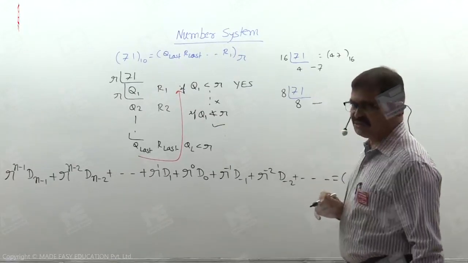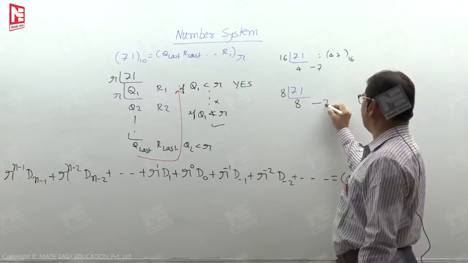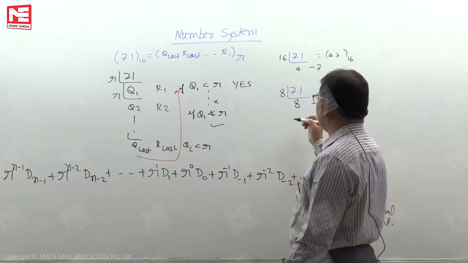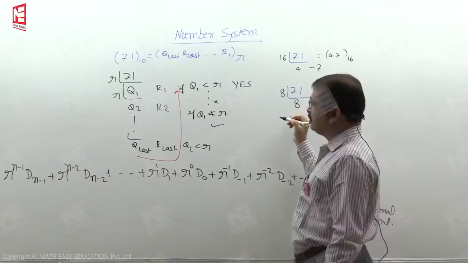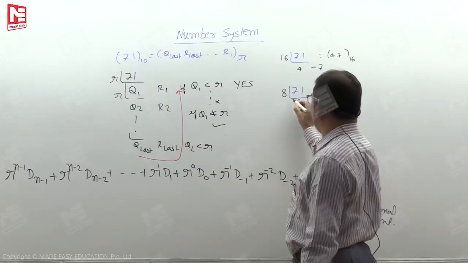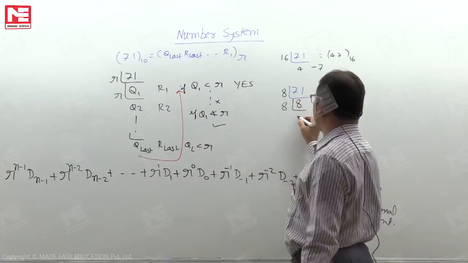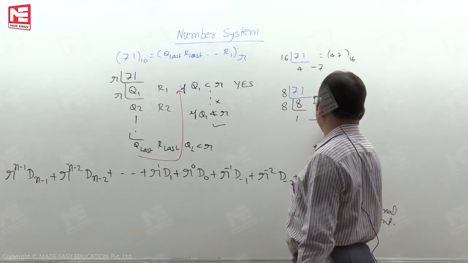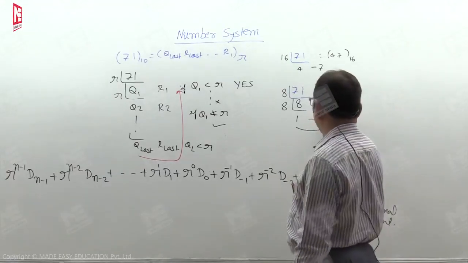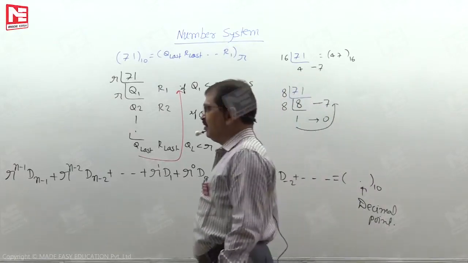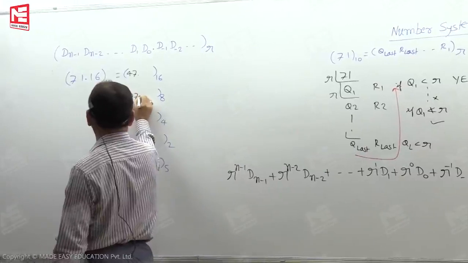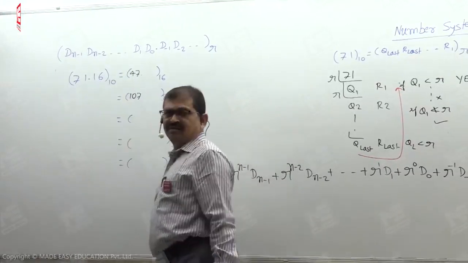The remainder is 7. The coefficient 8 is not less than the radix, so we have further division: 8 1s are 8, the remainder is 0. Hence the number is 107. It is the equivalent octal number for decimal 71.